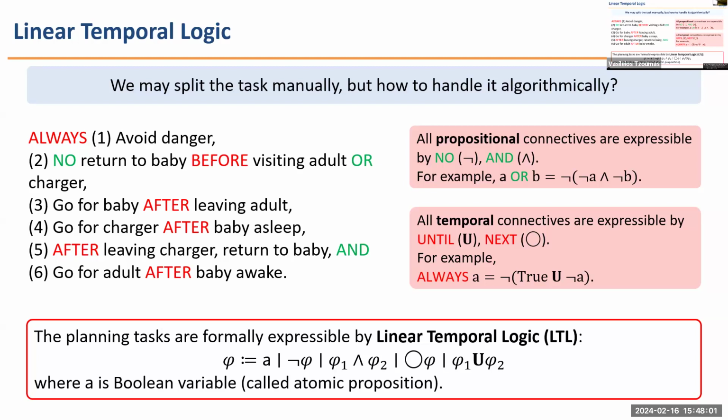And after that, we end up with a symbolic language that can mathematically and rigorously capture tasks like that. This is what we call linear temporal logic. It is basically an extension of symbolic logic with extra temporal connectives to represent the order in which the Boolean variables should become true.